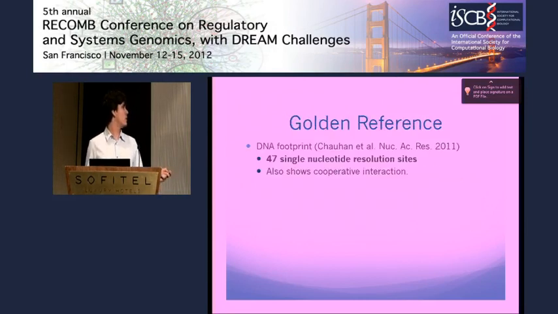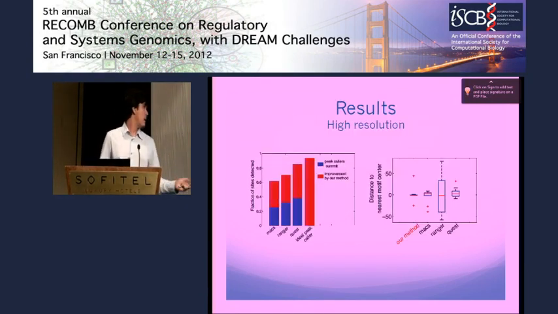To validate our results, we use as a reference a set of 47 binding sites that was empirically validated with DNA footprint. Basically, we show how our method is able to boost resolution of the output of peak callers in this first figure, using the summit of output from peak callers represented by these blue bars, and the fraction of sites detected is shown on the y-axis.